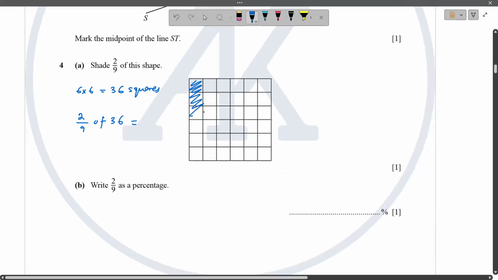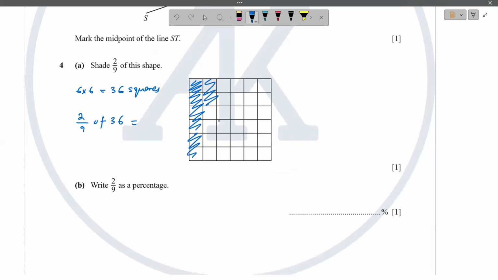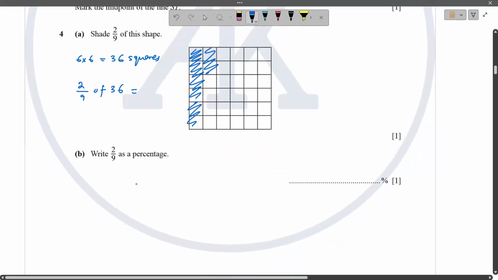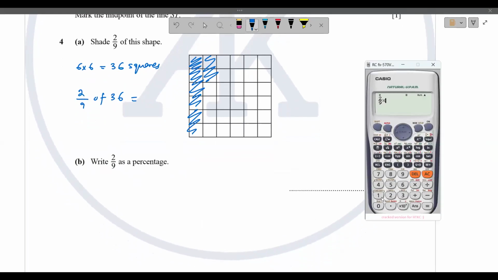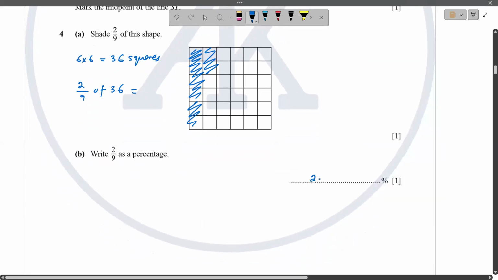So you just need to shade 8 squares. 2/9 as a percentage, I'm going to write it 2/9, then multiply 100 is 22.2%.